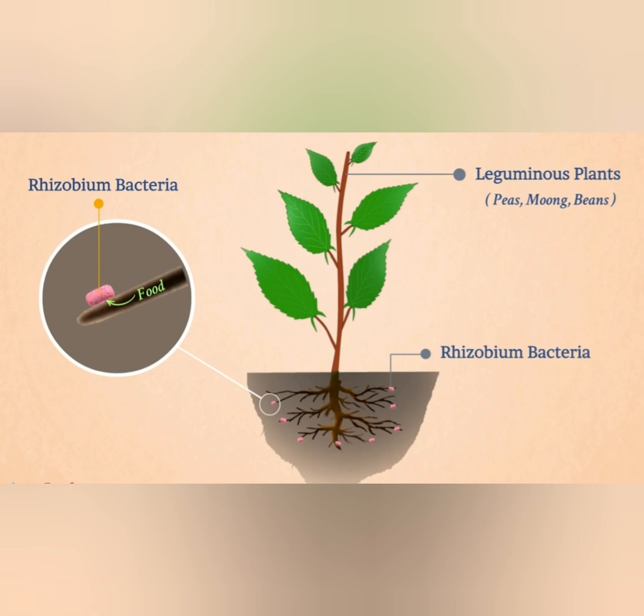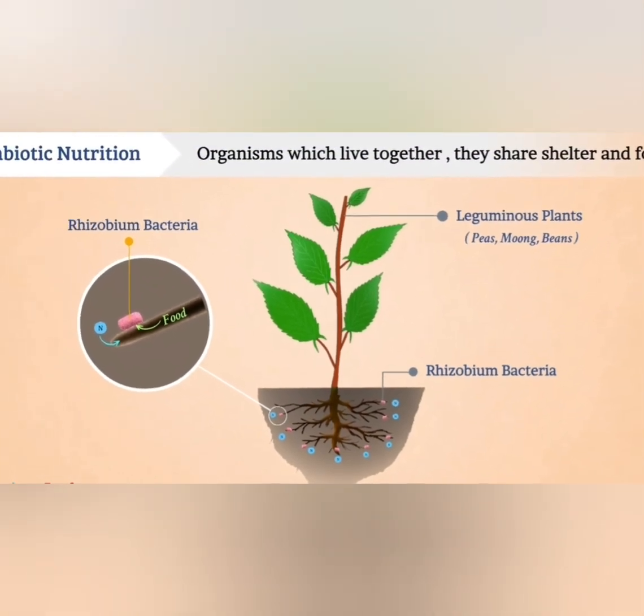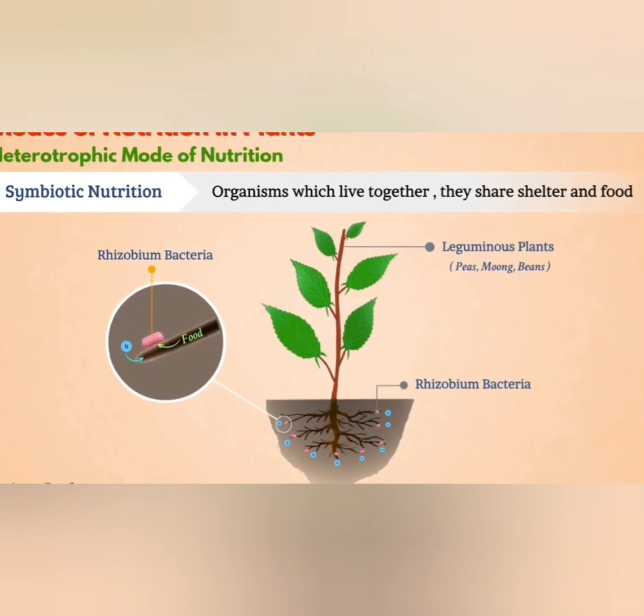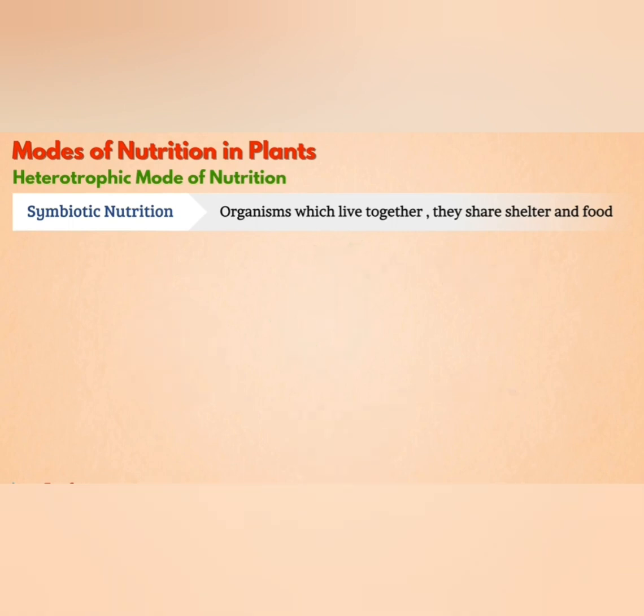Then the bacteria, on the other hand, converts the nitrogen present in the soil so that it can be used by the plant. In this way, the bacteria and the plant both work simultaneously. They are completing each other's needs. So this type of mode of nutrition is known as symbiotic mode of nutrition.